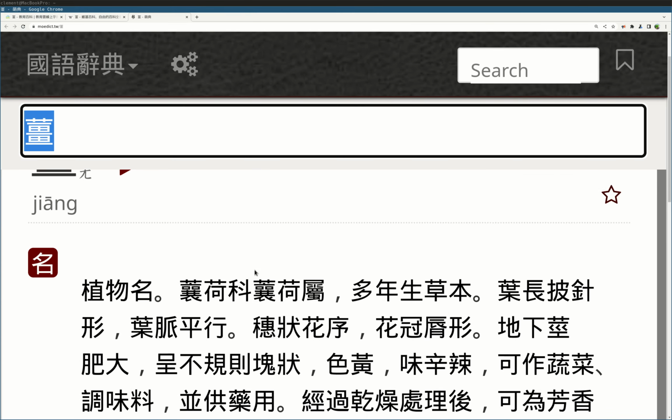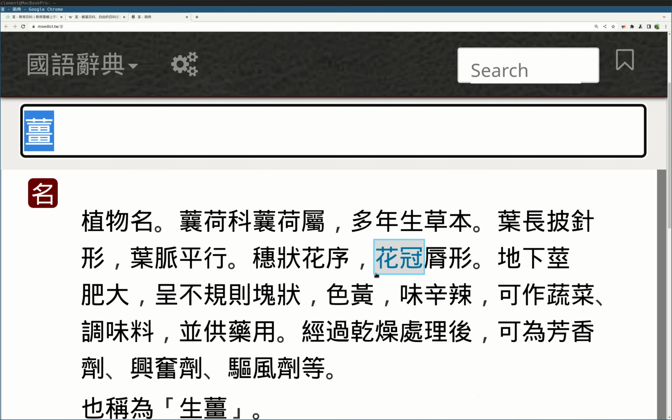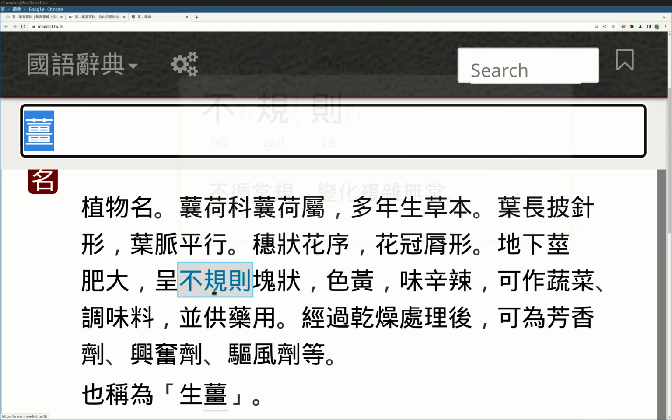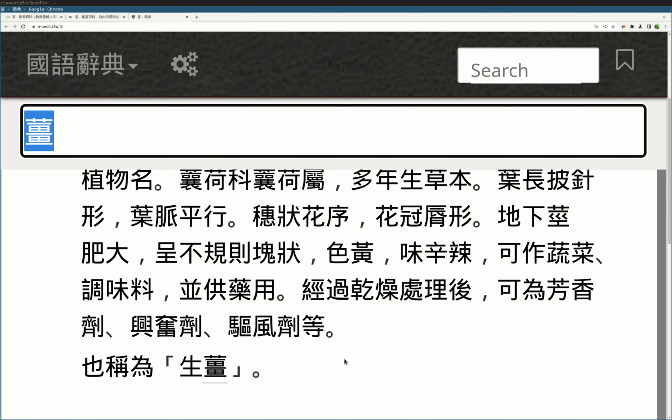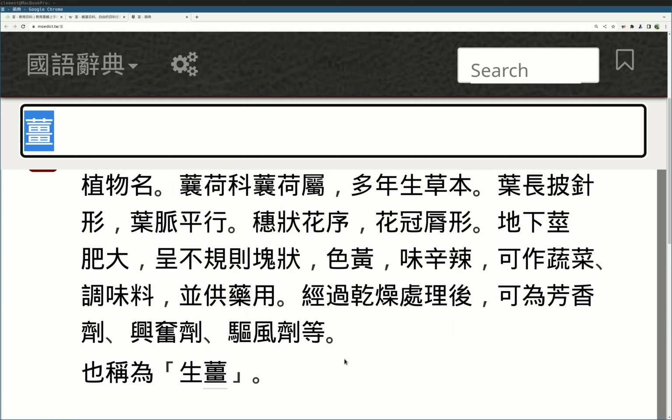Jiang, a very detailed explanation about the features of that kind of vegetable, not only vegetable but also a herb, also a spicy herb, also used to have medicinal effects, a kind of medicine.